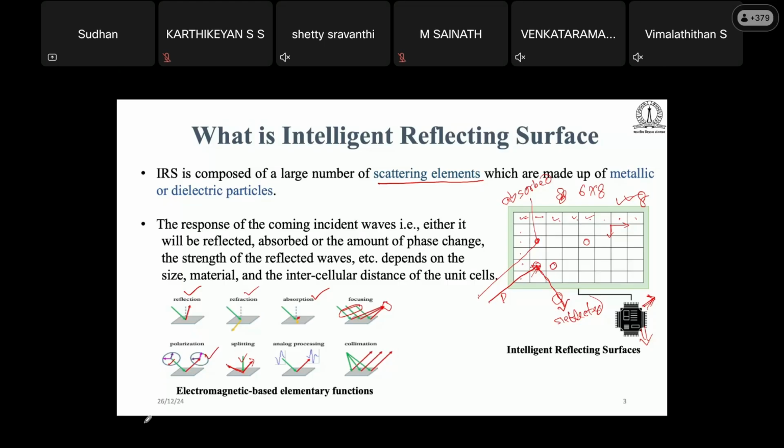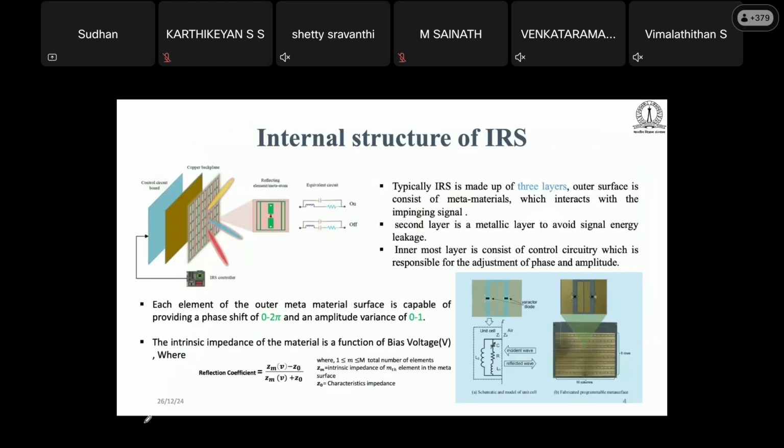But before, let us see what this element is, how it is made, and how we change the coefficient of the signal. You can see that it is a 3 layer structure: layer 1, layer 2, and layer 3. This is called the outer surface.